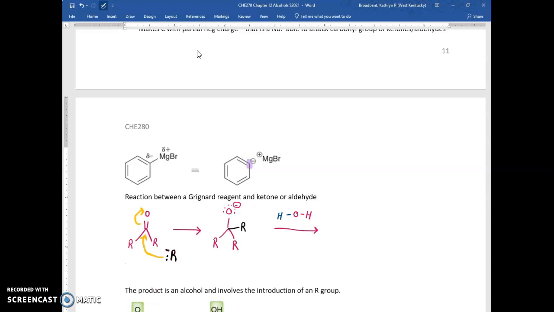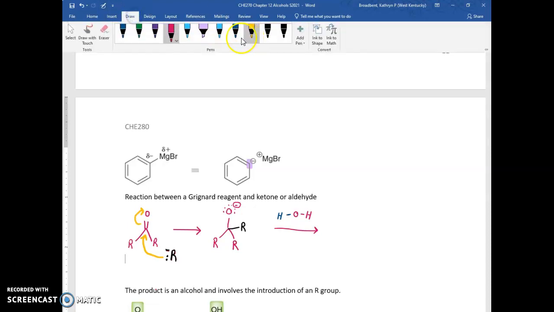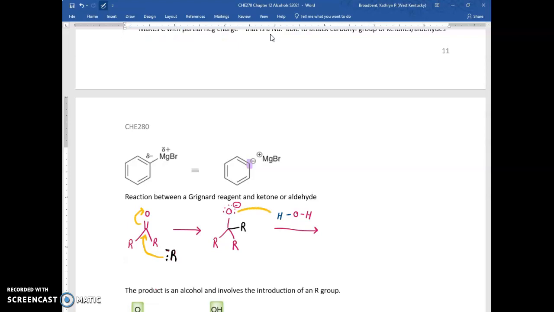And then we'll have a proton transfer. The electrons from this oxygen are going to grab a proton from a neighboring water molecule, and these electrons will go back and live on the hydroxy.